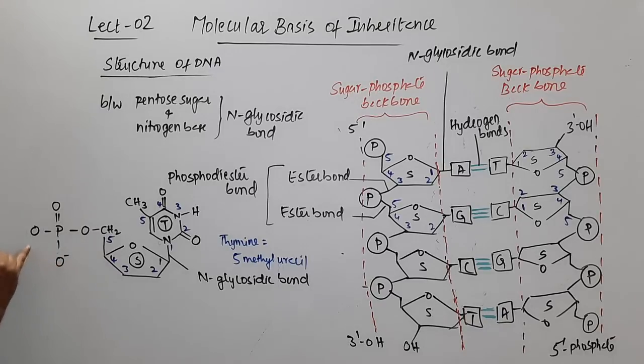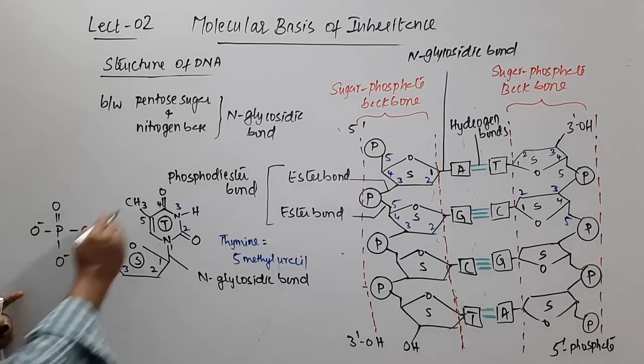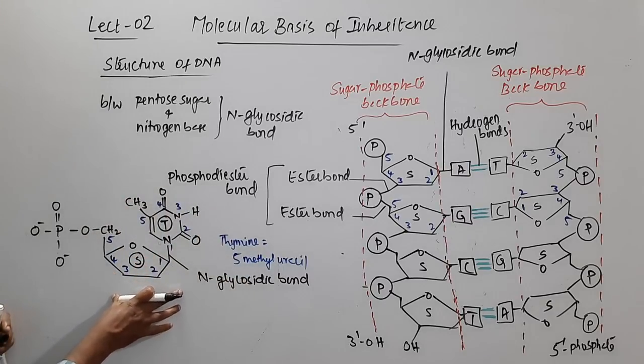You see the negative here, and in this case also you will see the negative, right. And this is what I call an ester bond formation here. So this is in the case of thymine.